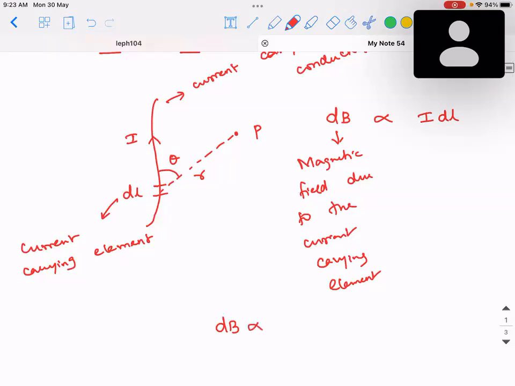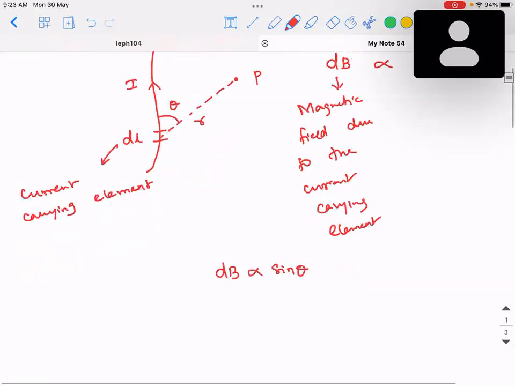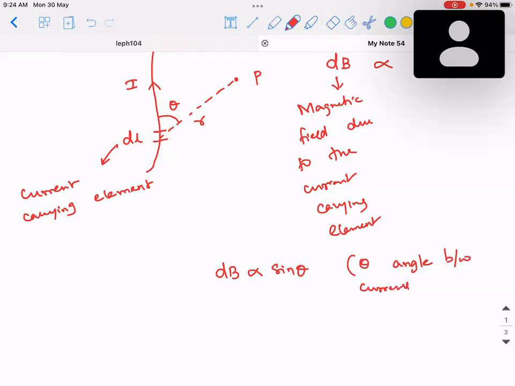And dB is directly proportional to sine of the angle between the current carrying element and the distance vector: sine theta, where theta is the angle between the current carrying element and the r vector.